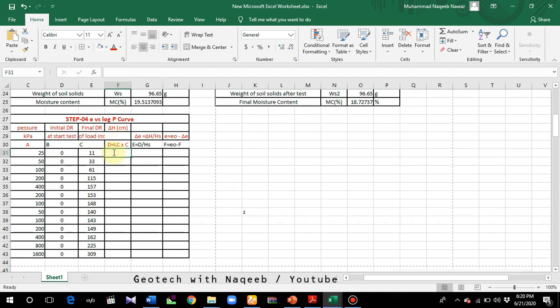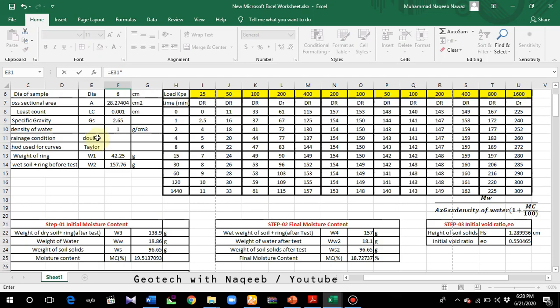So we'll apply this formula. We'll click this one and we'll multiply the least count here, this value, but here you will have to apply the dollar sign because I have to use this constant value throughout the column.